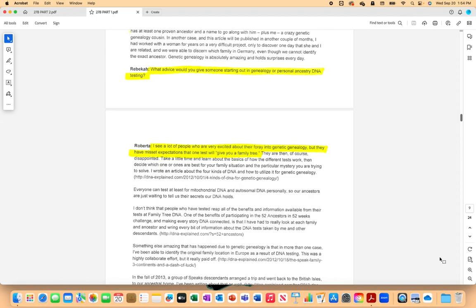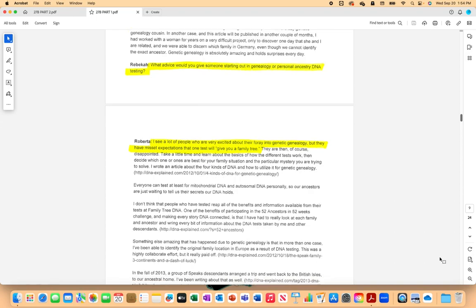I see a lot of people who are very excited about their foray into genetic genealogy, but they have misset expectations that one test will give you a family tree.